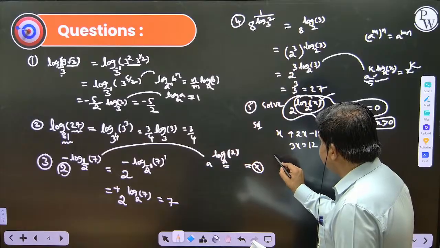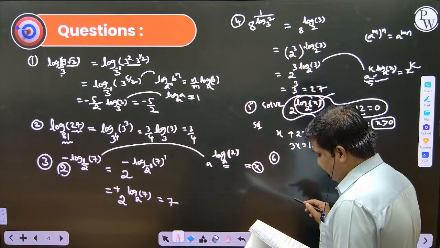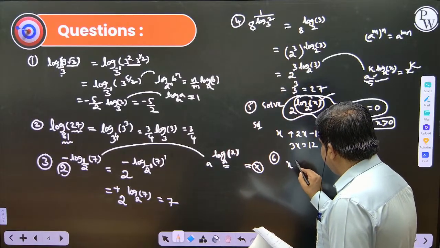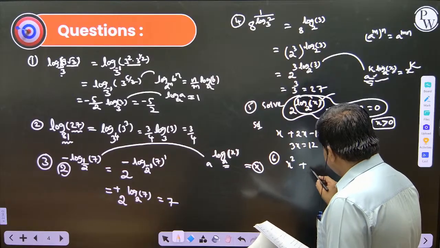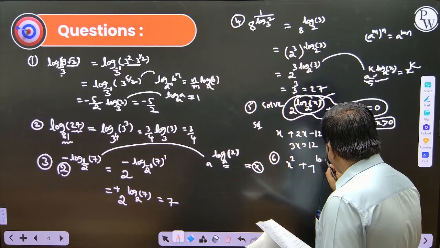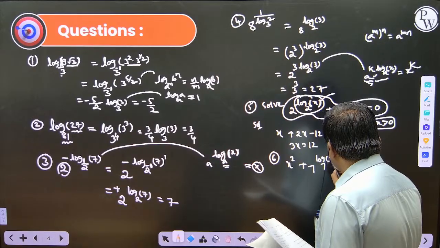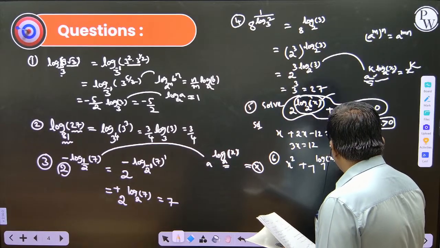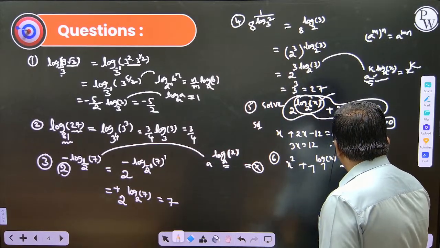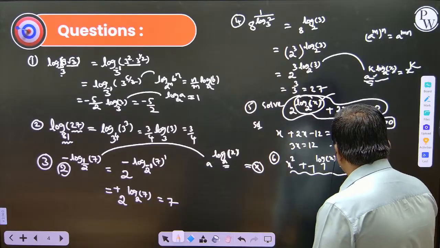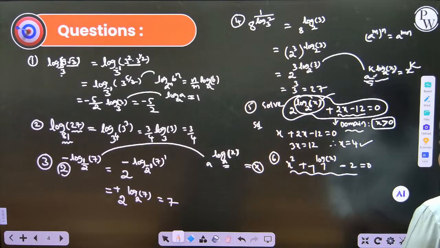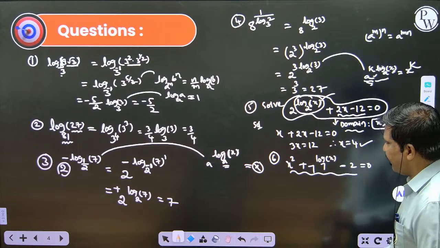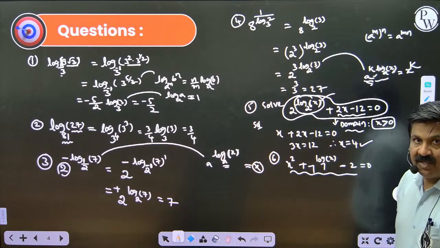Next, see question number 6. In the same way, x square plus 7 power of log base 7 x minus 2 is equal to 0. Now, this is also a logarithmic equation, but here also you want to find out the domain of the function.